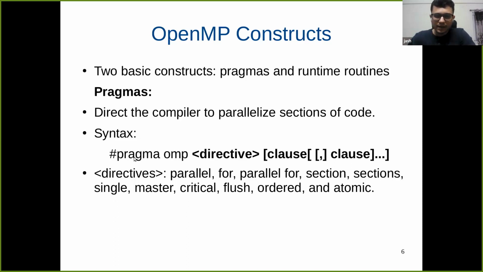If you write #pragma omp parallel for, it will parallelize your loop, and so on. But it doesn't ensure any synchronization or anything. We'll see where synchronization comes into the picture, but by default it doesn't do anything. Thank you.